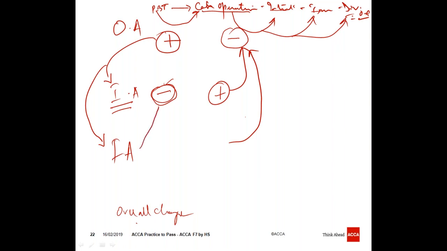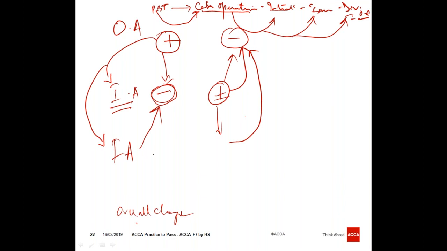So it might be from the financing activity, or it might be from the operating activity. So you have to link your answer. And if the answer is positive, then you have to tell the examiner where the company has invested this cash. It could be in the financing activity, or it could be in the operating activity.